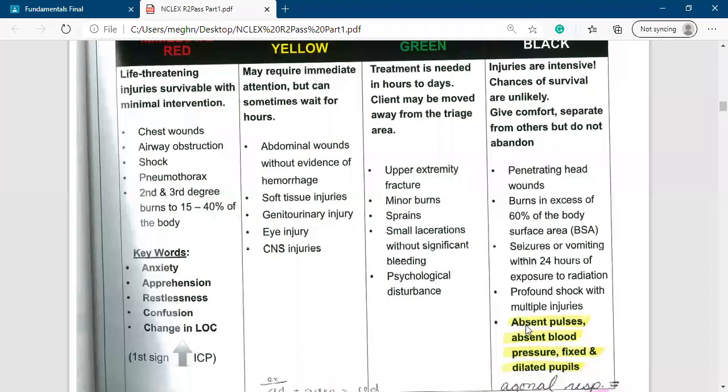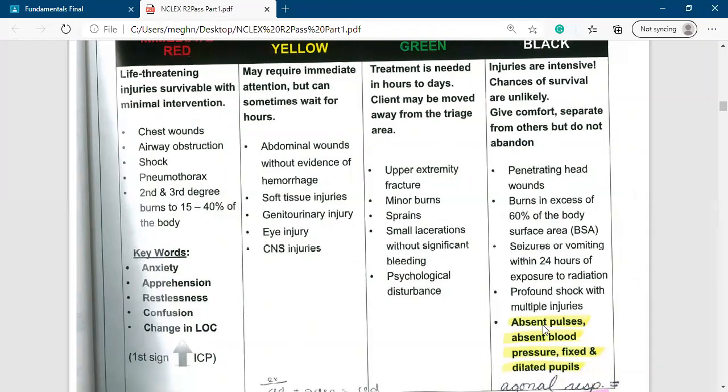So absent pulses or absent blood pressure means vital signs are not measurable. Absent blood pressure, no pulse, dilated or fixed pupils indicate the patient is close to dying.